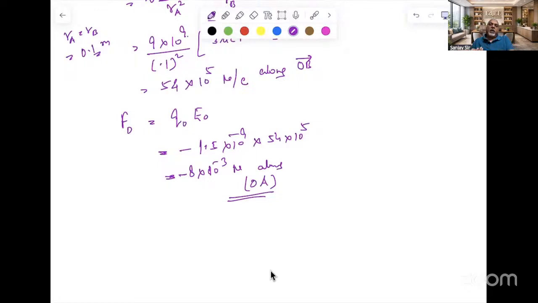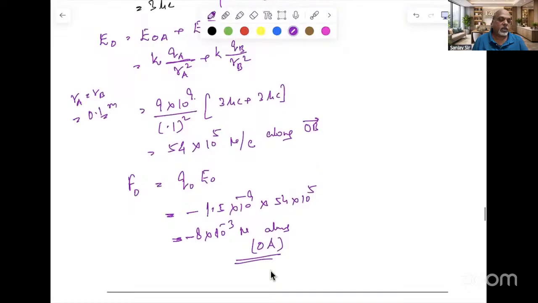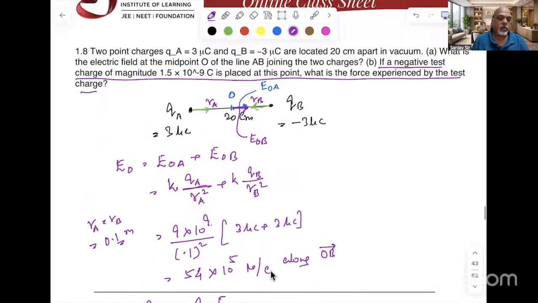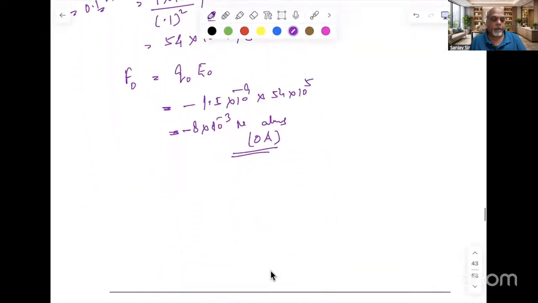But since it is a negative charge, it is along OA, meaning opposite to OB, correct? So this was the solution of this question.